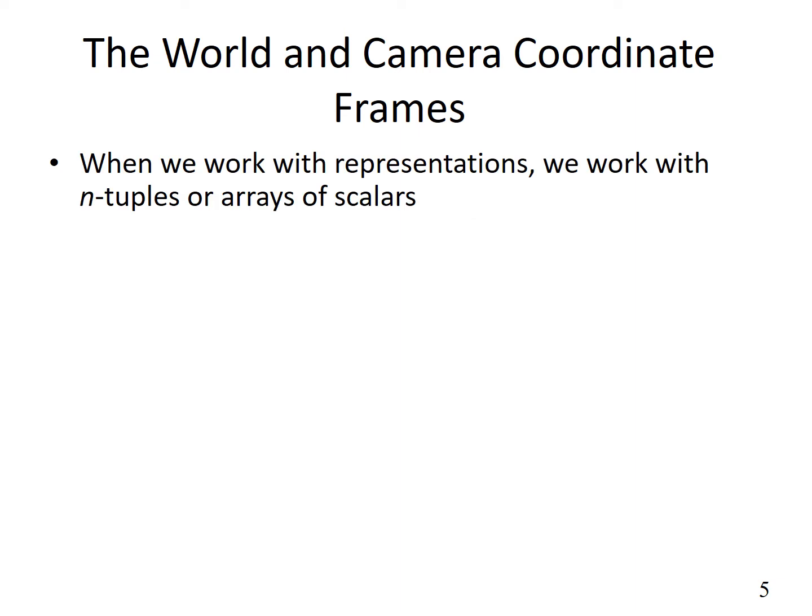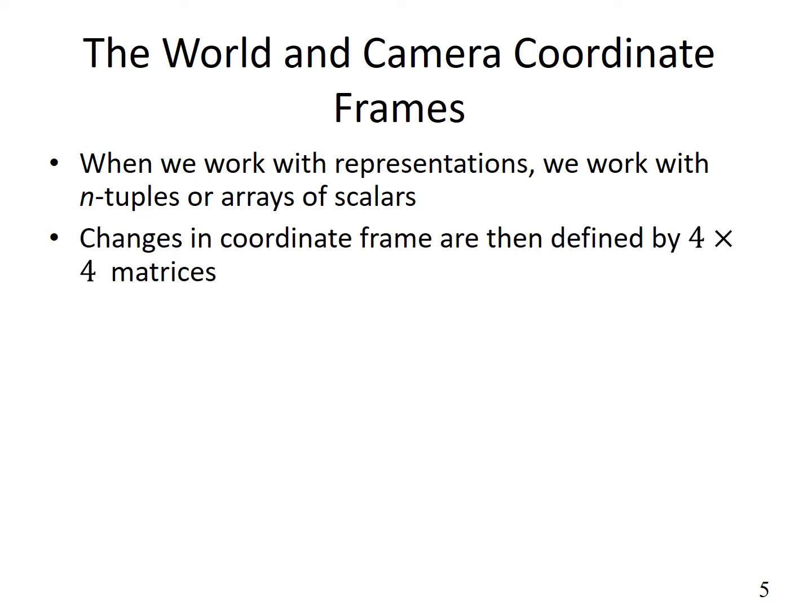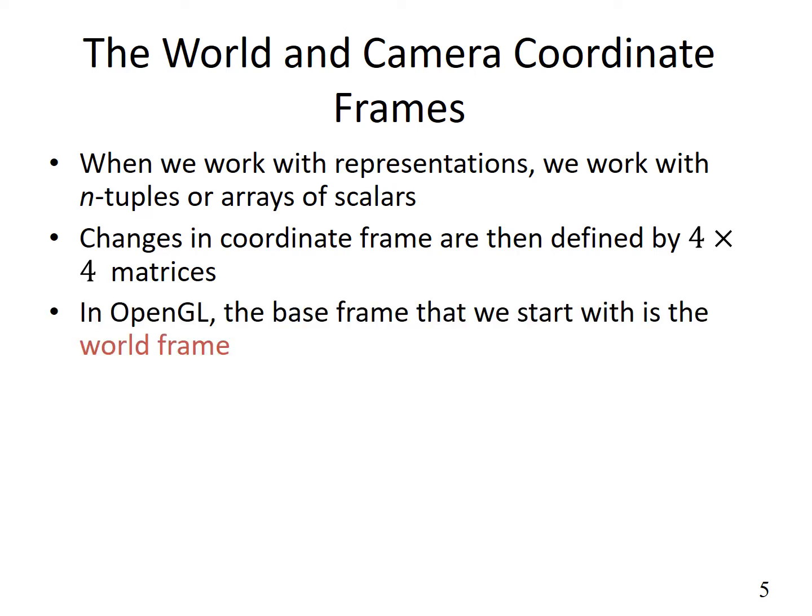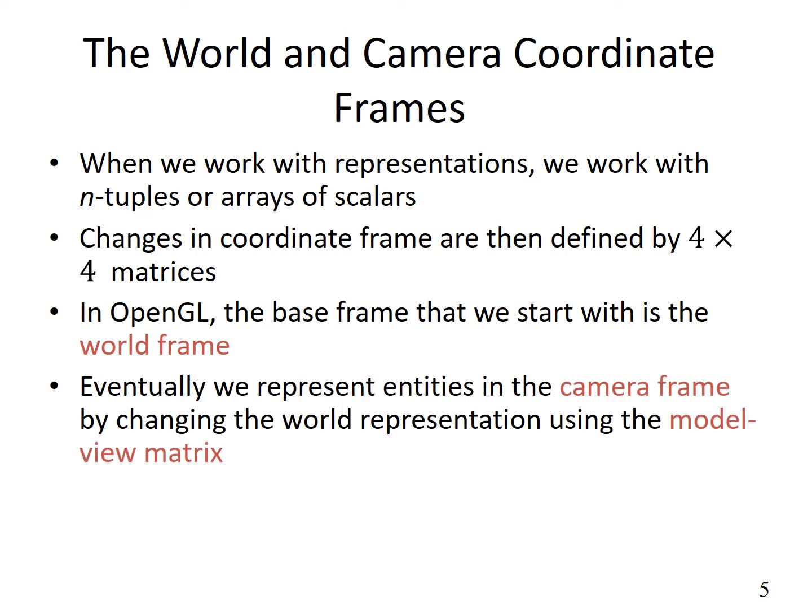So the world and camera coordinate frames, when we work with representations, we work with n-tuples or arrays of scalars. Changes in coordinate frame are then defined by 4 by 4 matrices. That is, a multiplication by a 4 by 4 matrix is equivalent to a change in coordinate frame. In OpenGL, the base frame that we start with is the world frame.